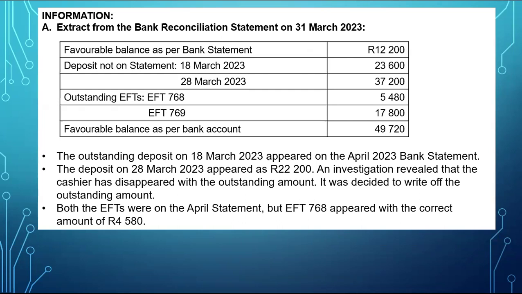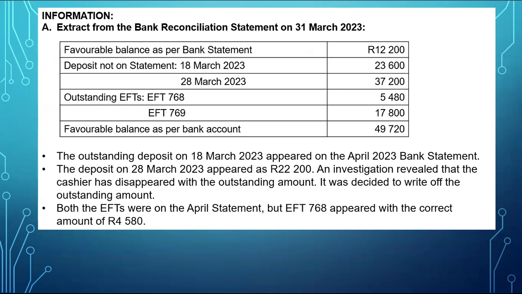These are deposits that appear in the cash receipts journal, but they do not appear on the credit side of the bank statement. So we've got a deposit on the 18th of March, 2023, amounting to 23,600. And we also have a deposit on the 28th of March, 2023, amounting to 37,200.